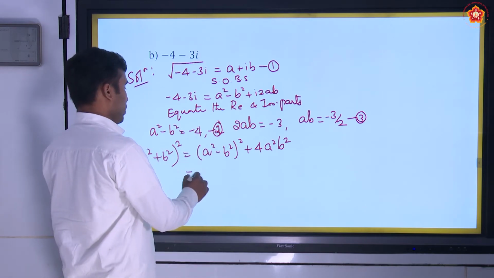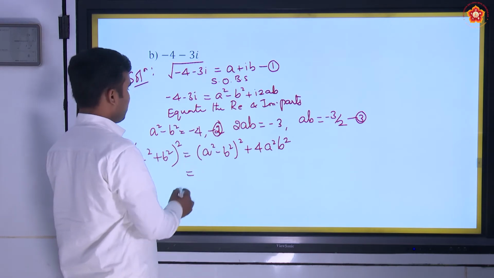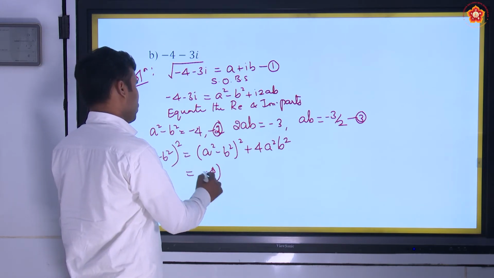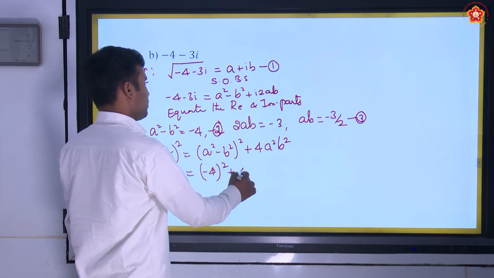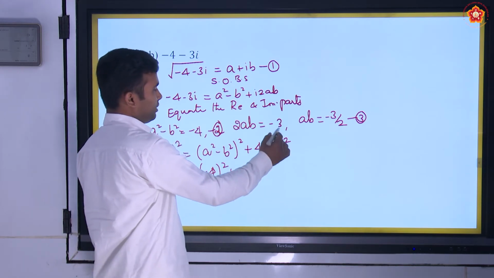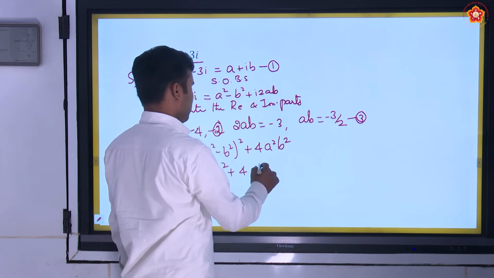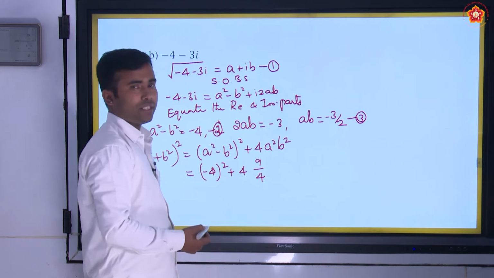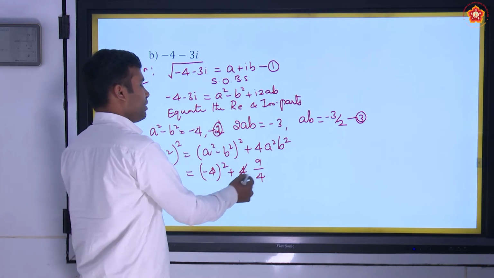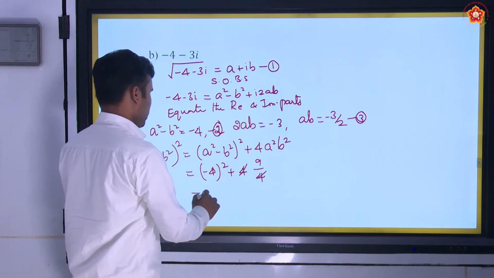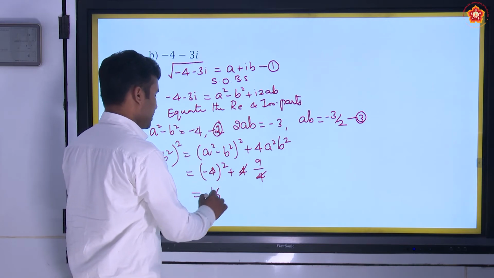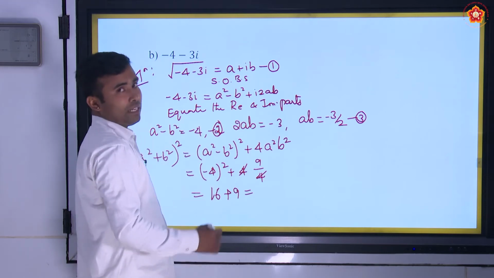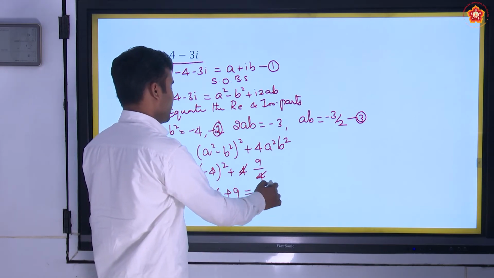Now this is equal to, a square minus b square from equation 2, it will be (minus 4) whole square, plus 4 times, from equation 3, a square b square will be equal to 9 divided by 4 if you square both sides of 3. So now here 4 and 4 get cancelled. So (minus 4) whole square will be 16, plus 9, 16 plus 9 will be equal to 25.